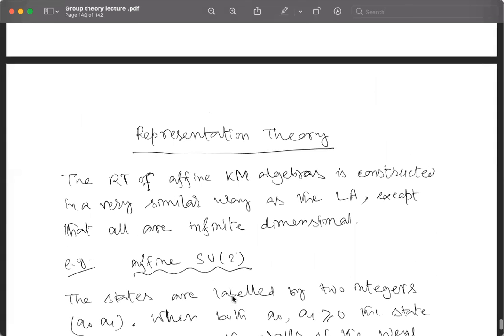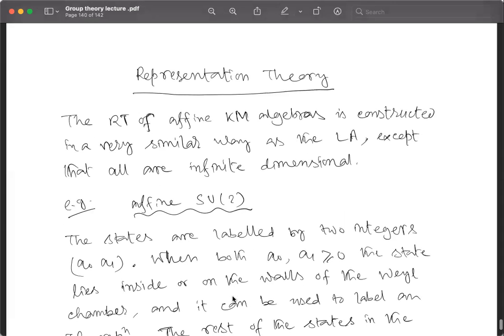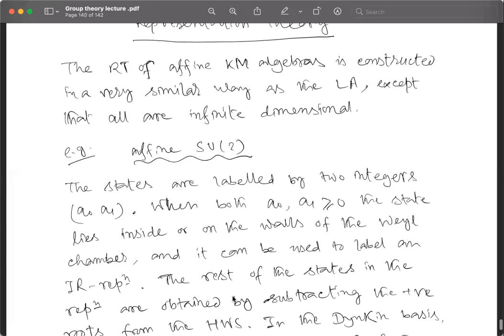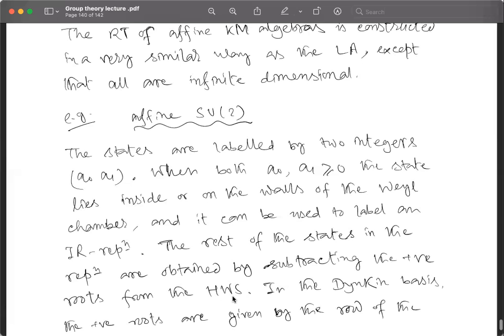So now let's talk a little bit about the representation theory. The representation theory of affine Kac-Moody algebras is constructed in a very similar way as for the Lie algebra, except that all are infinite dimensional, and there's a difference here. For example, for affine SU2, the states are labeled by two integers a0, a1.